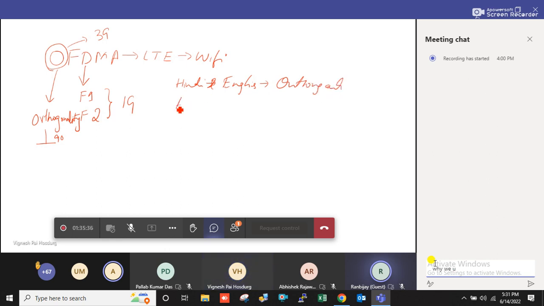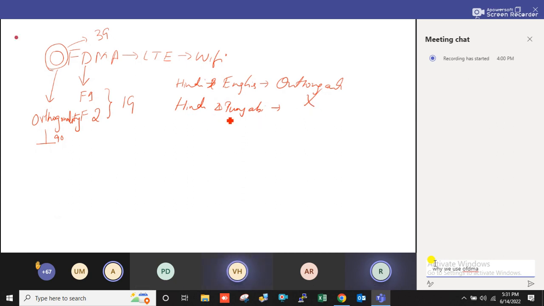Whereas if I compare Hindi and Punjabi, they are not orthogonal to each other, because both languages have a lot of similarity, right?